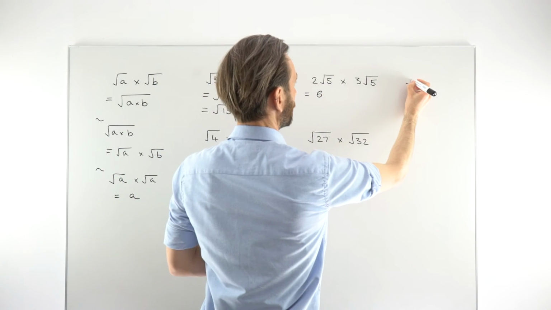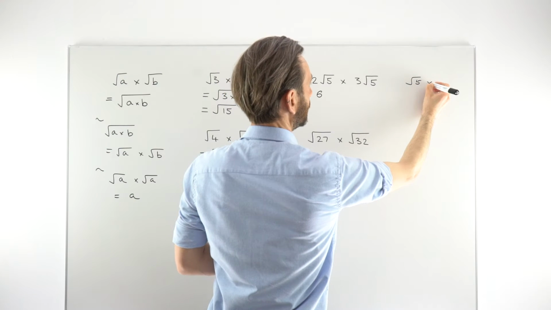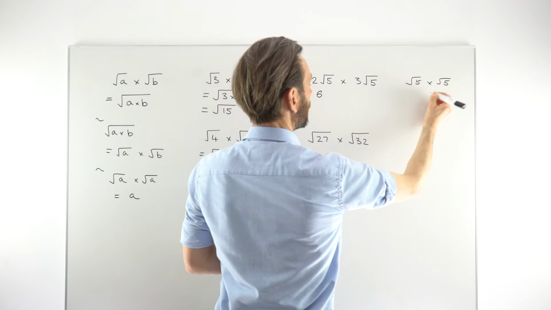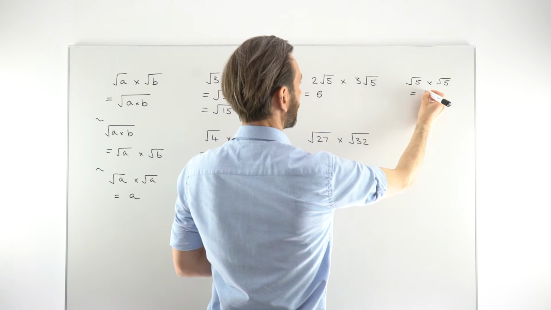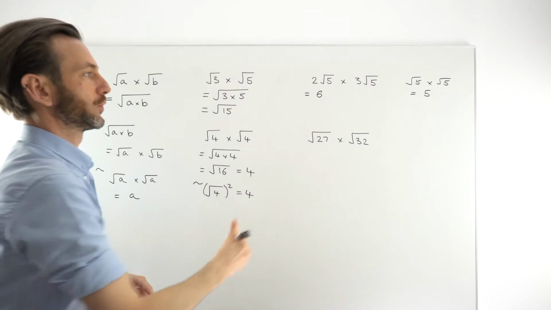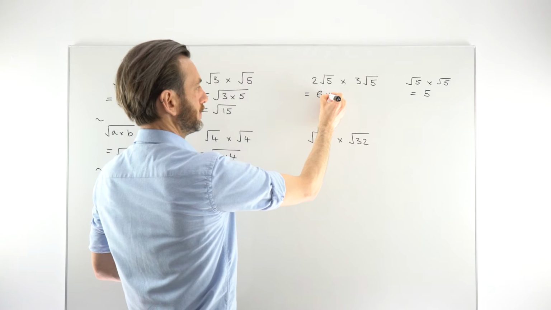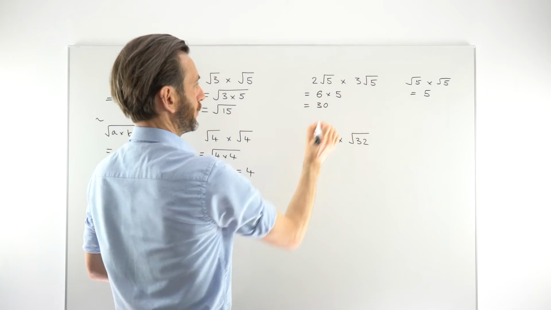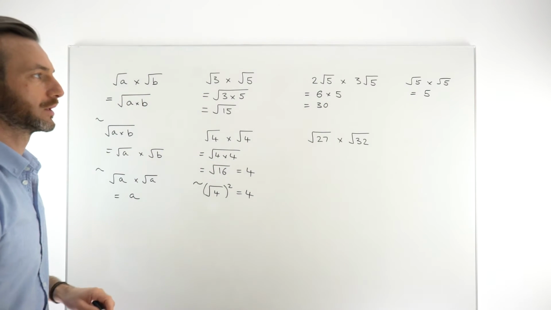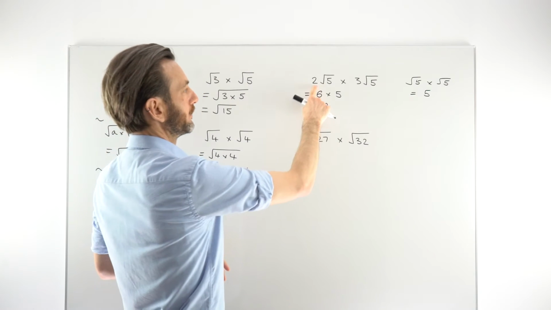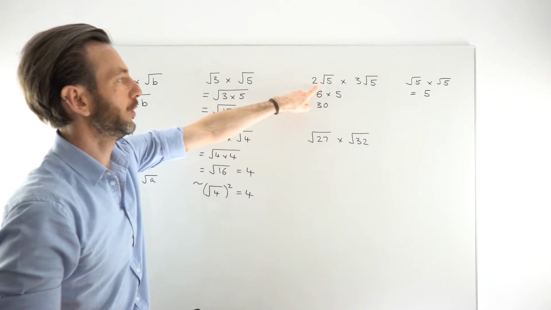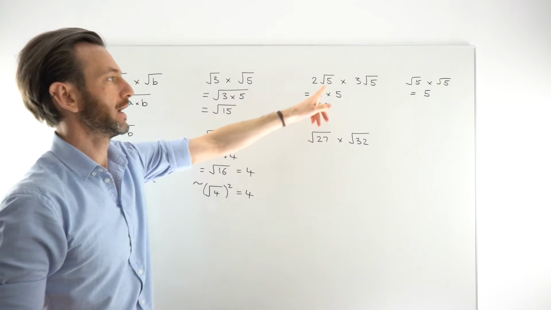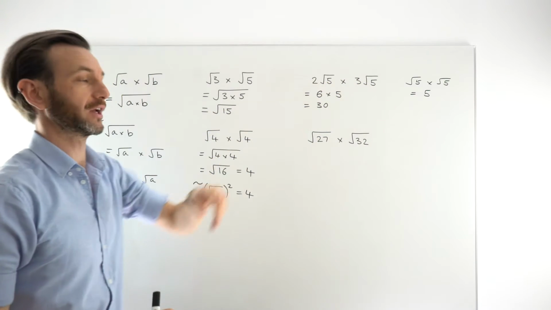We figured out that root 5 times root 5 is root 5 squared or root 25. Either way you think about it, you get 5. So it's going to end up being 6 times 5, which is 30. So that's how that one would come out. A slight change there, having the numbers in front. Just remember, you need to multiply the numbers together as well as multiplying the surds together.